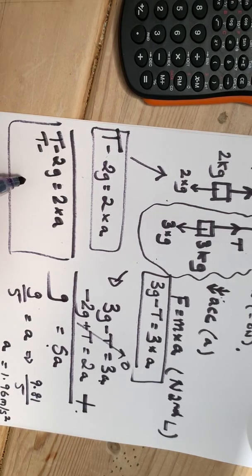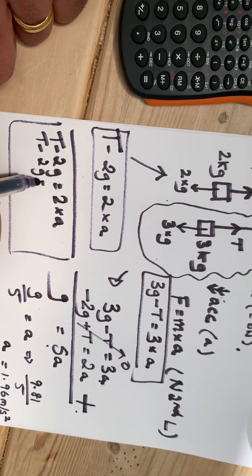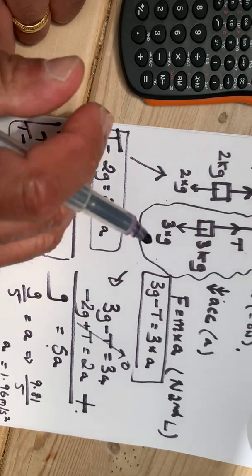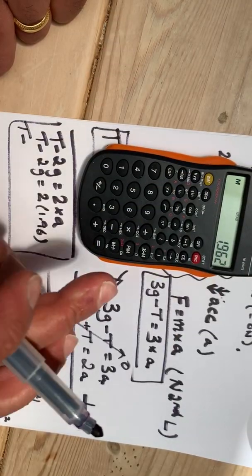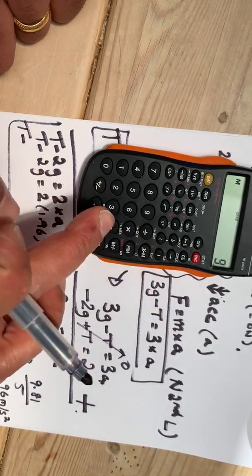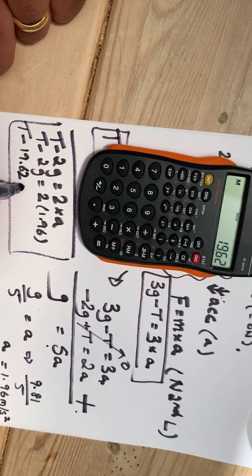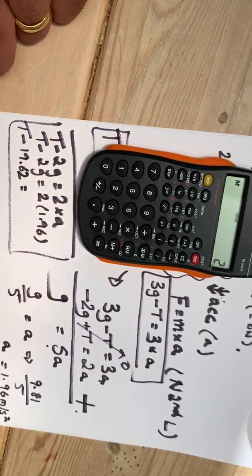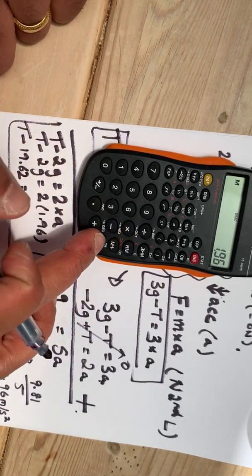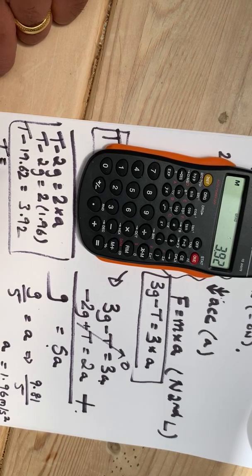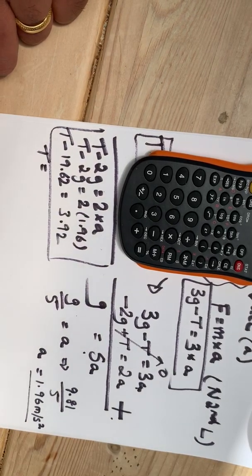T minus 2g equals 2, put 1.96 in there, and we can work it out straight away. 2g is 2 times 9.81, which equals 19.62, and 2 times 1.96 equals 3.92. I apologise, I've just run out of space here, as you can see.